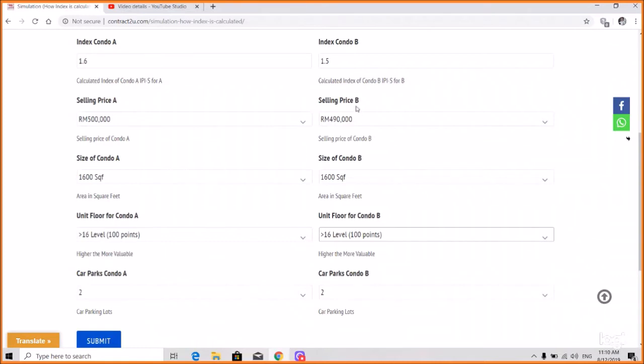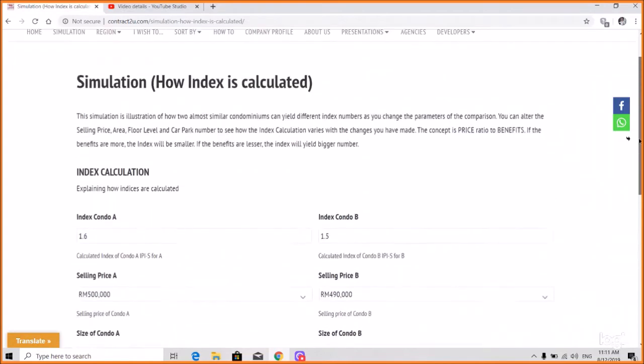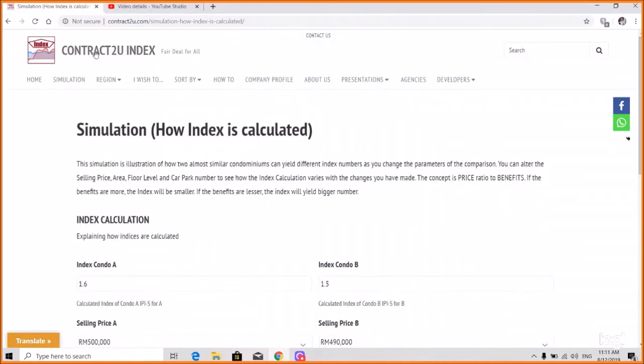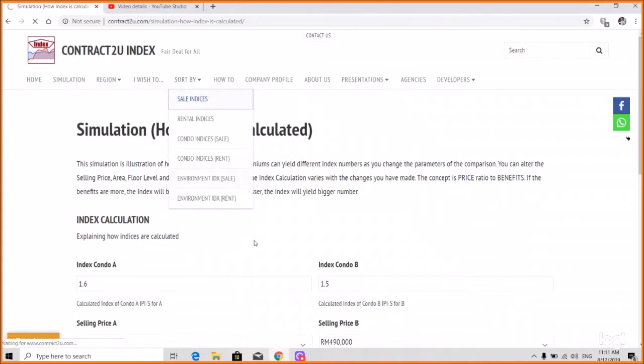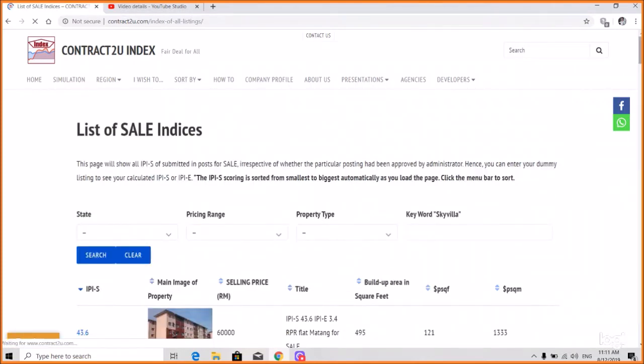So the factors built into the calculation for illustration are only selling price over size, the number of levels, which level it is, and also the number of car parks. Of course, in the calculation for the entire listing here, there is a higher number of factors involved.